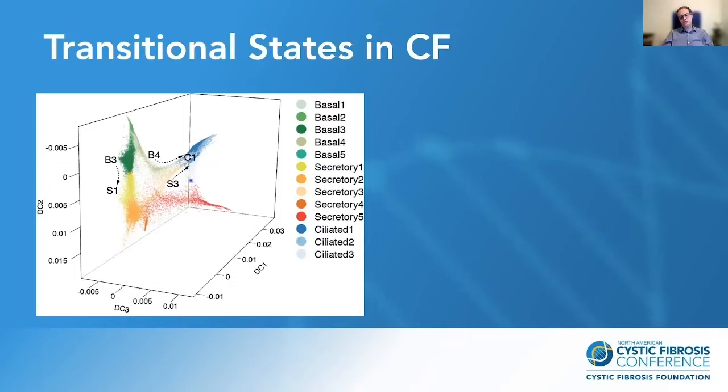Here, if we focus on this branch of the graph, we can see this basal 4 subset of basal cells and this ciliated 1 subset of ciliated cells. And we found that in cystic fibrosis, this specific subset of basal cells has the tendency to start expressing genes that are related to early transition to ciliated cells.